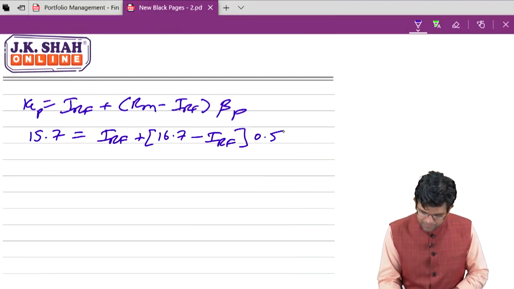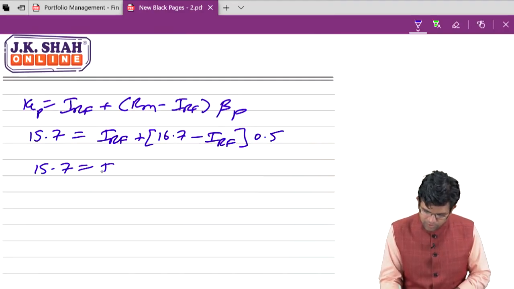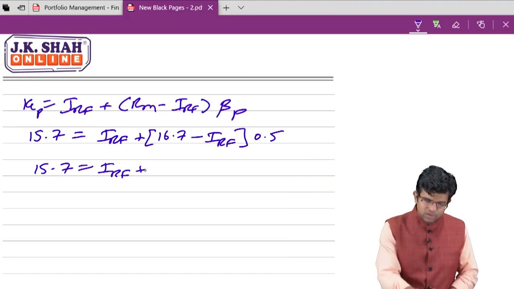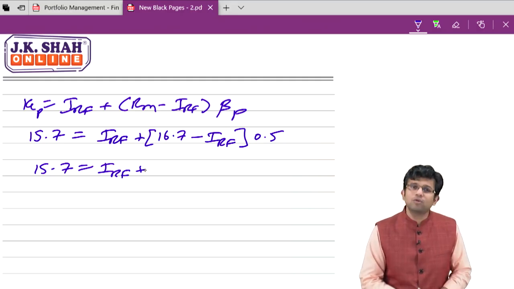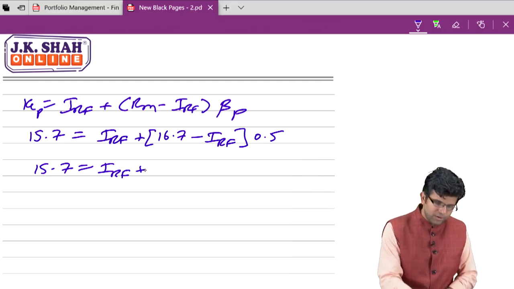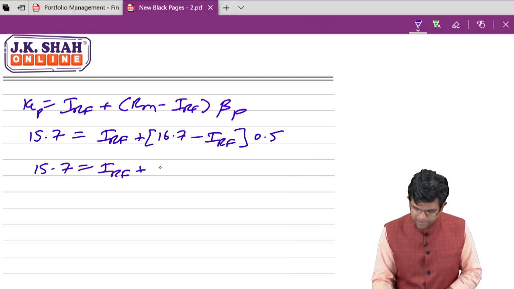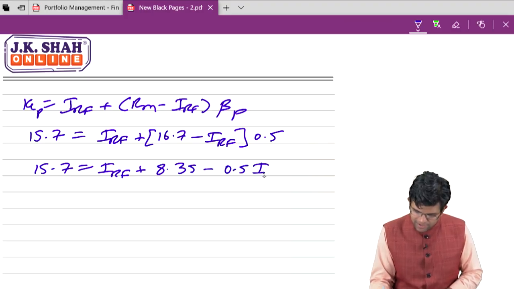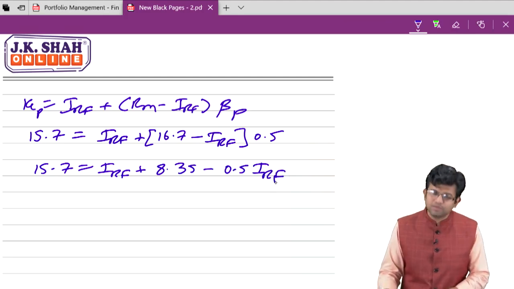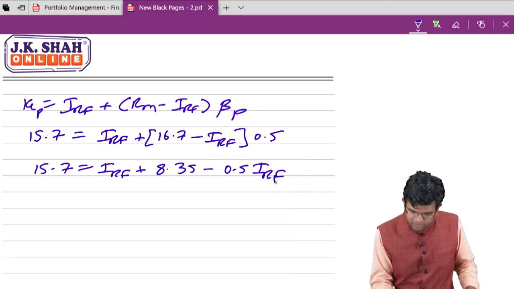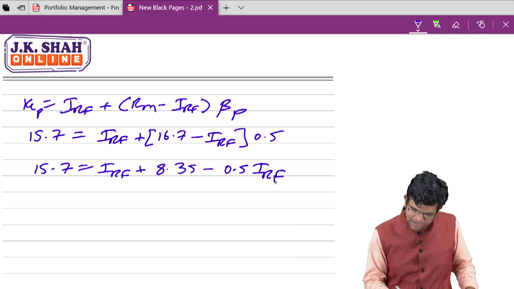Ready? Let's start. 15.7 is equal to IRF plus, students, 16.7 into 0.5. If I do 16.7 into 0.5, I will get 8.35, minus 0.5 IRF. Now this 8.35 I will take to the LHS.